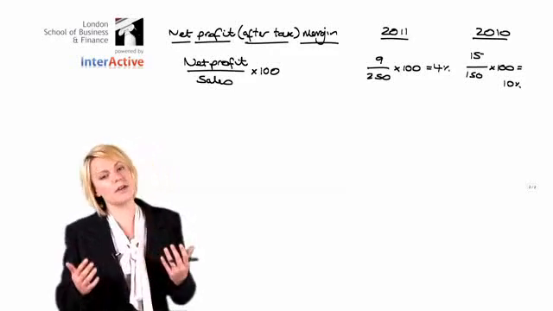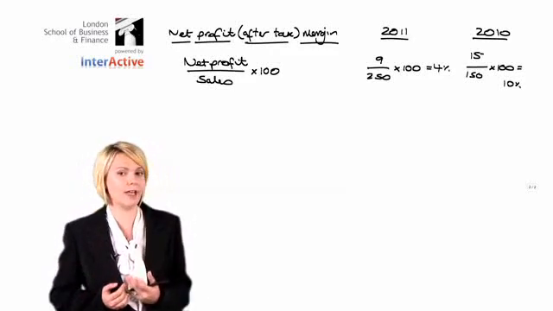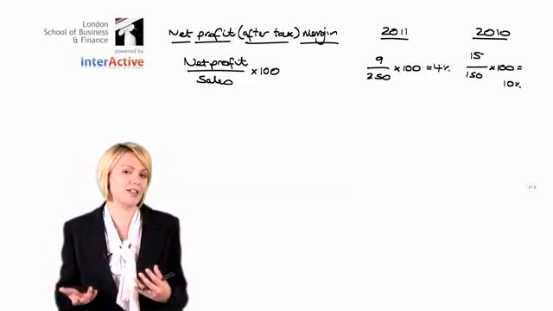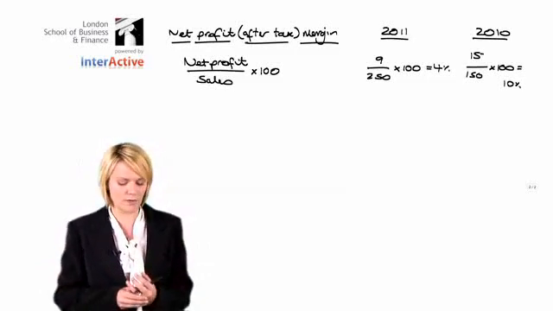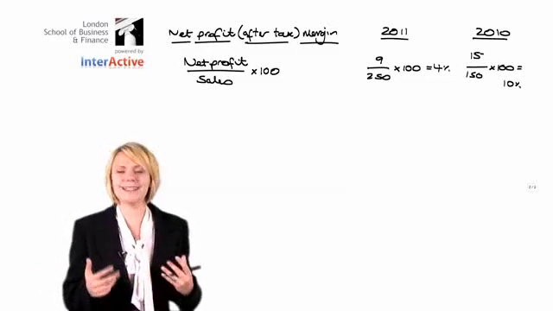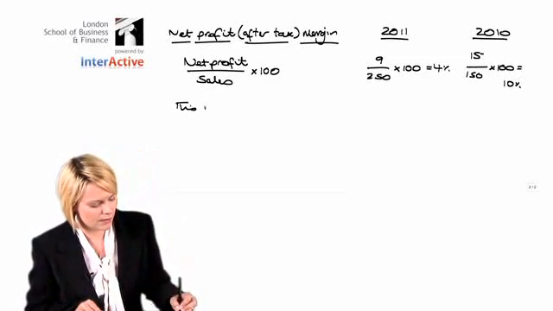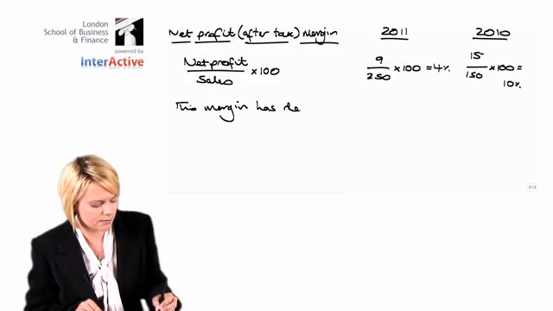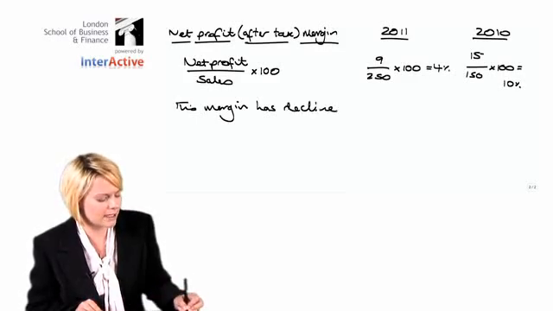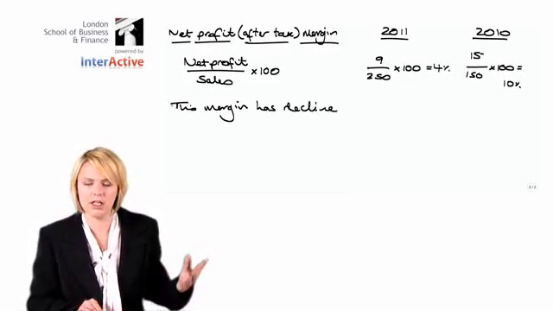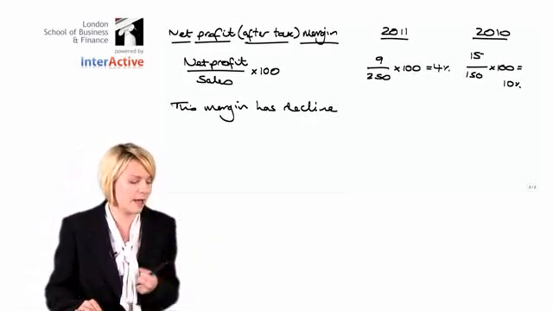So less of my sales revenue is dropping down into net profit that I'm going to add to retained earnings and pay dividends out of. So again, we can see that this margin has declined. Remember, we want these profit percentages to be the higher the better. So if it's gone down, it's a bad thing that's happened.